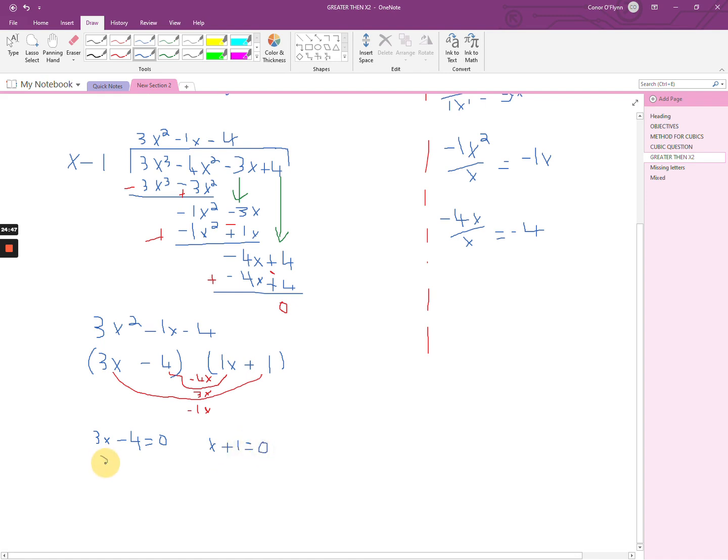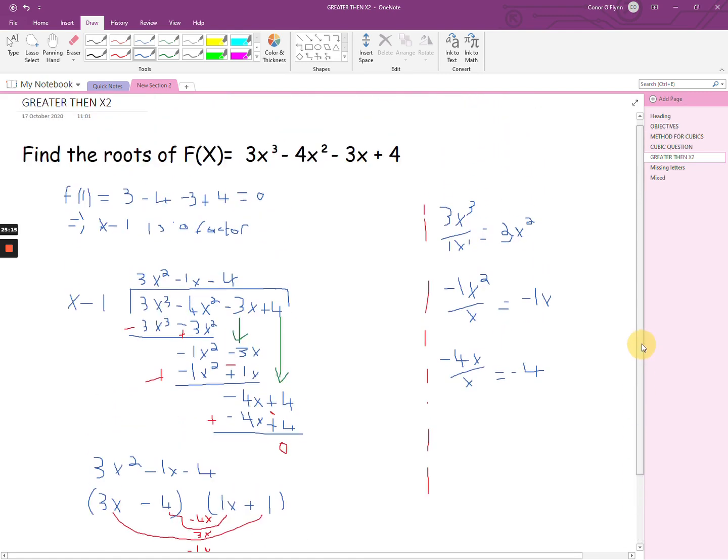Okay, so for x, let's get x on its own, bit of algebra. 3x equals 4, and x equals 4 over 3. Or solve for x here, x equals -1. Right, so they're my final roots. So then the question is solved.